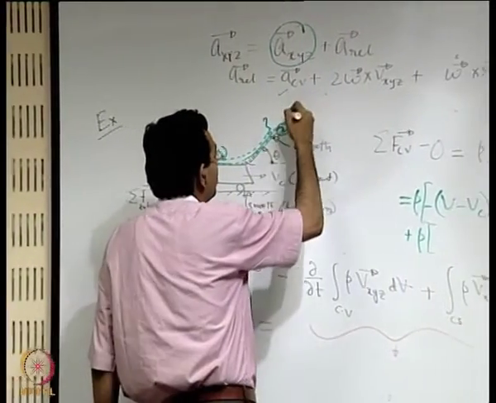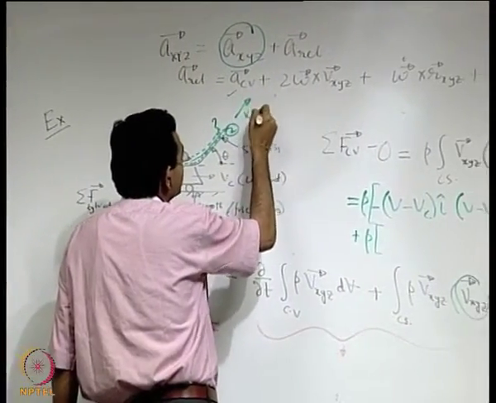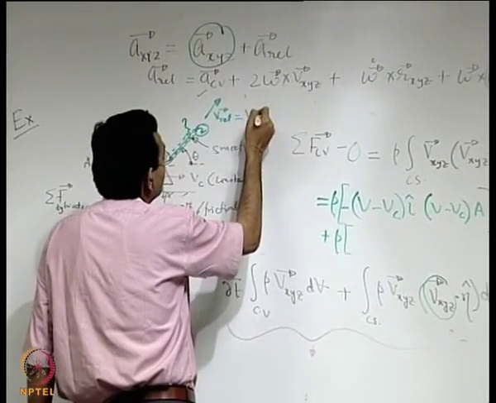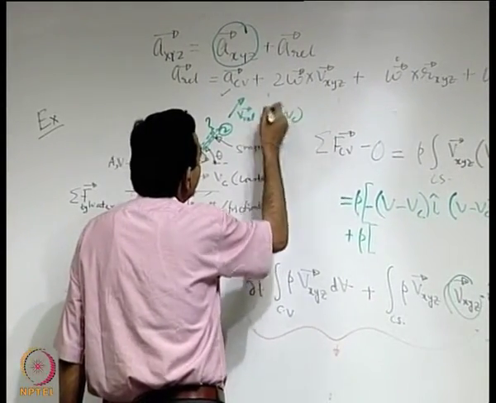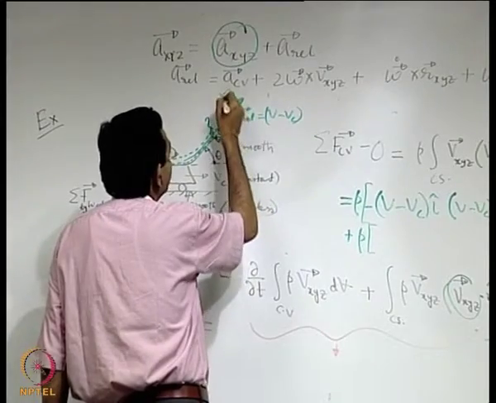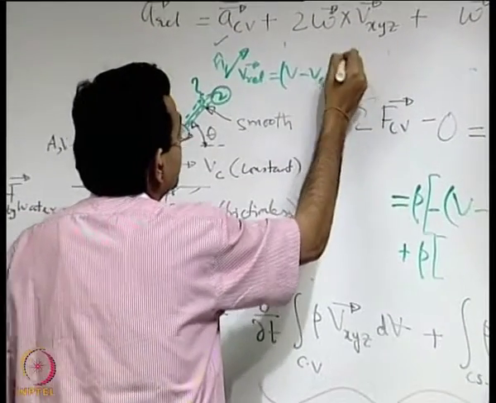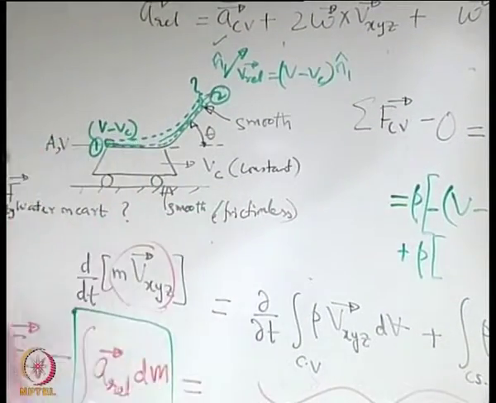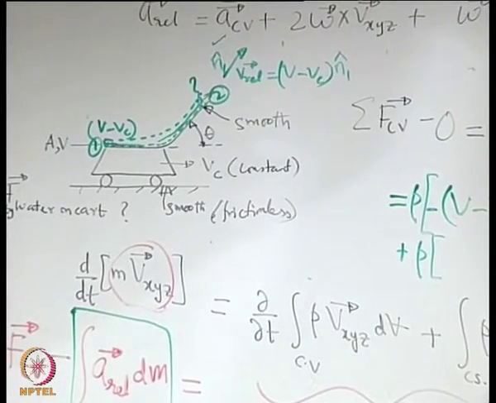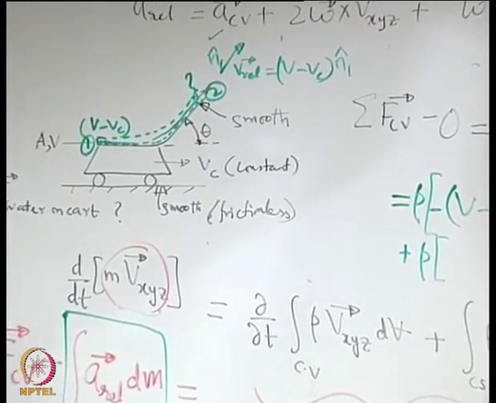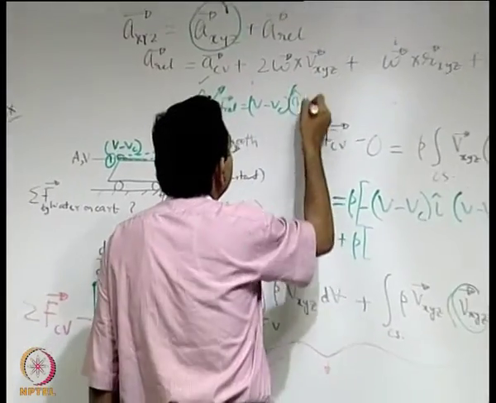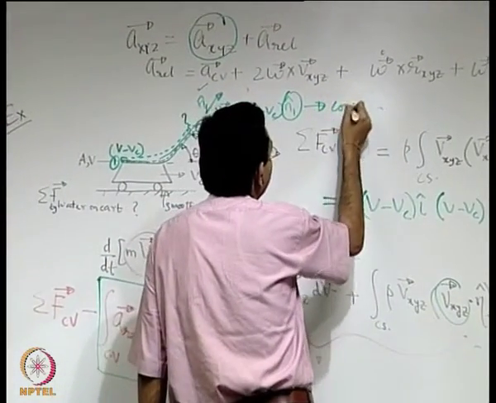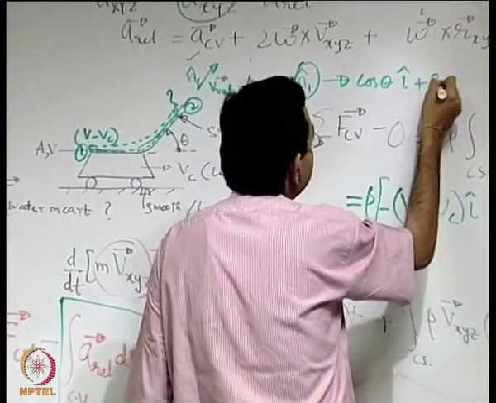So, when it is coming out, the relative velocity is V minus Vc with this normal direction, say n1, and what is this n1? Cos theta i plus sin theta j.